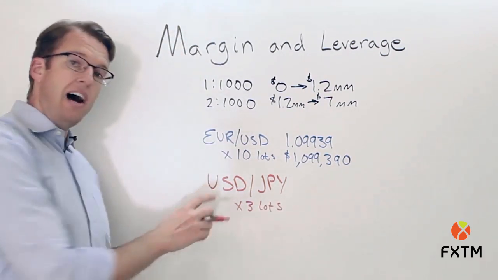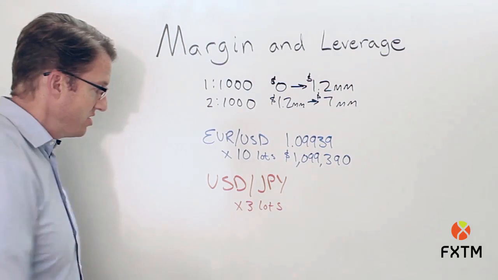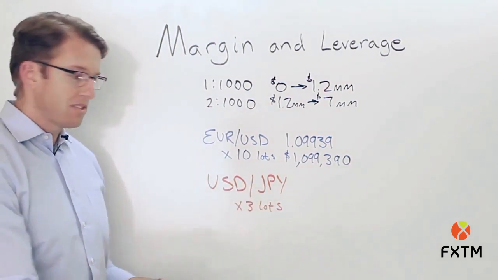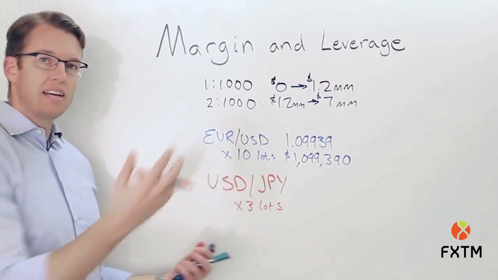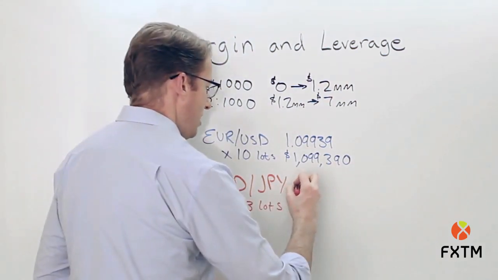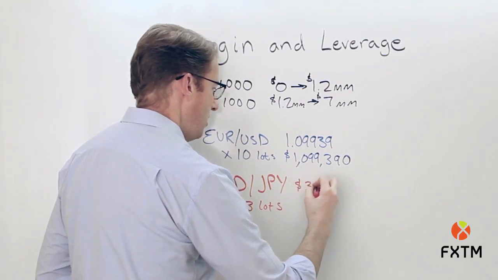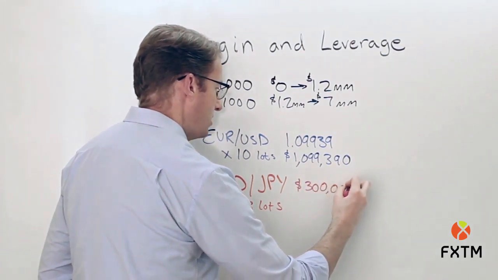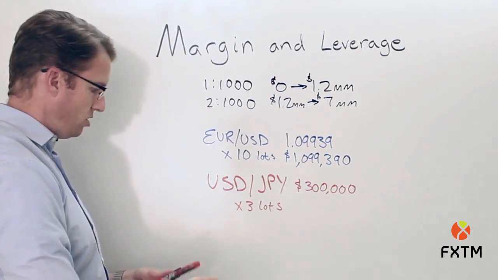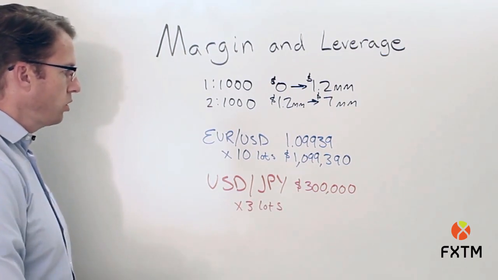In this case, the dollar is on the base side of the equation, so if each lot is worth 100,000 units of the base currency, then times 3, we have a total outstanding notional value of $300,000.